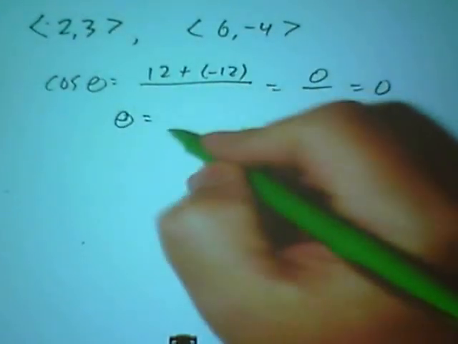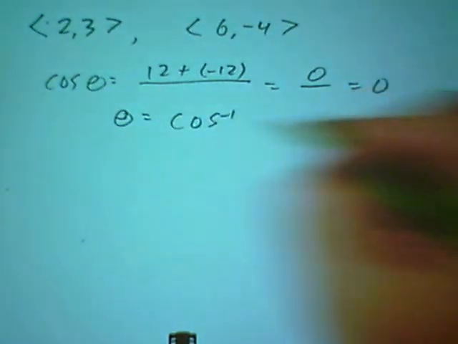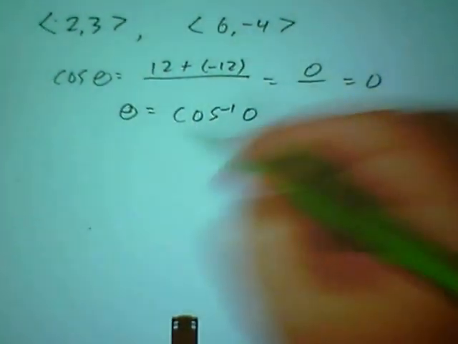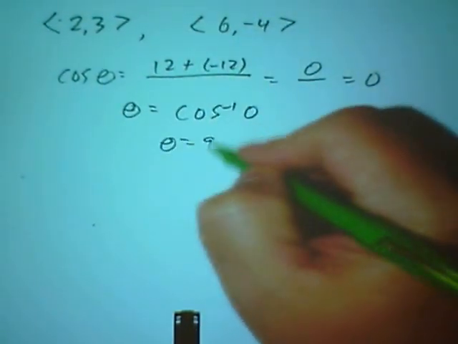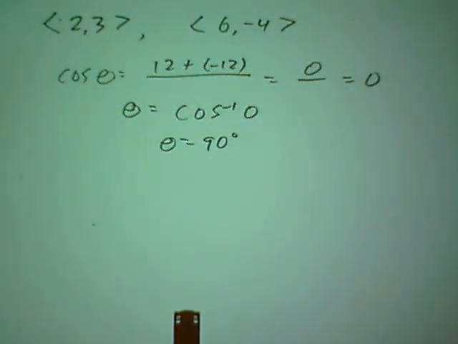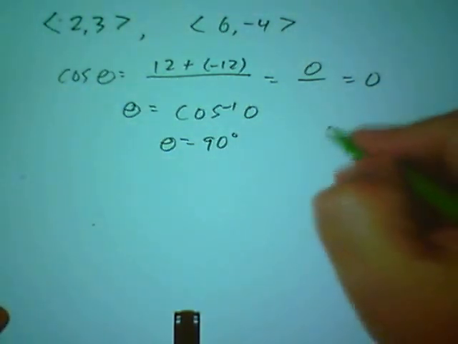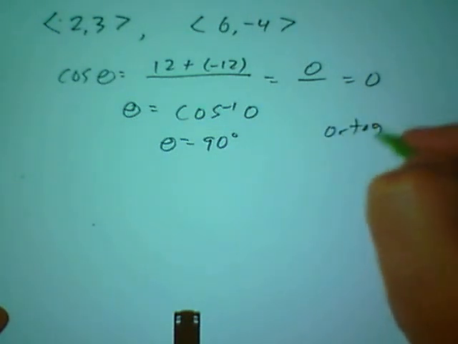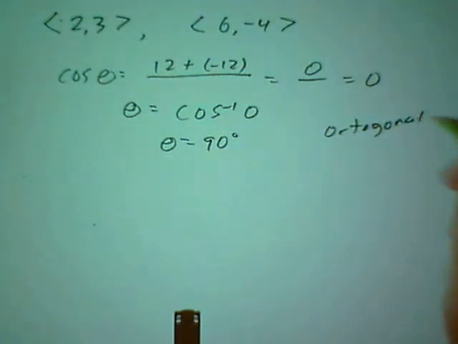And if I solve for that, I get the angle of 90 degrees, which means those two vectors are orthogonal. All right, not too hard.